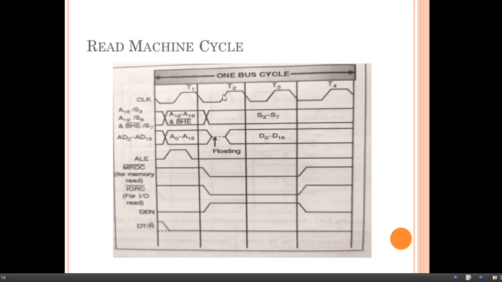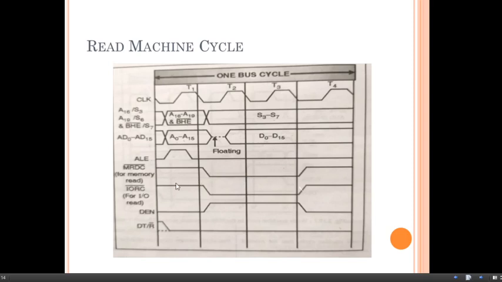After that, in T2 cycle, on these address lines A16 to A19, the status signals from S3 to S7 are released. You can observe here these status signals are released, and this AD0 to AD15 is in floating condition.